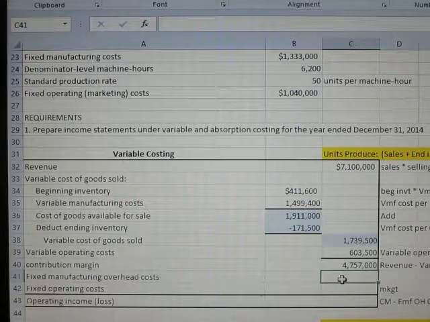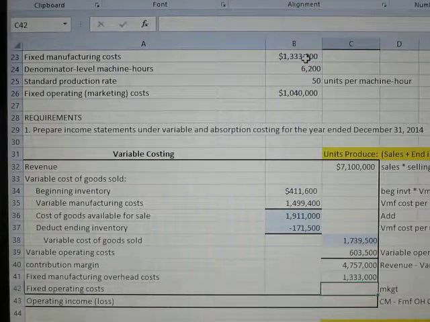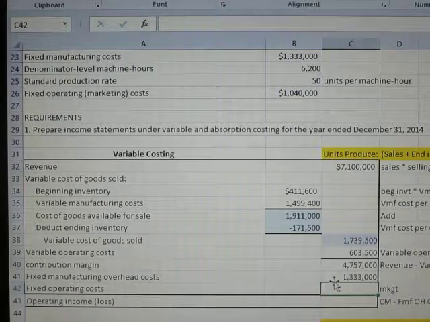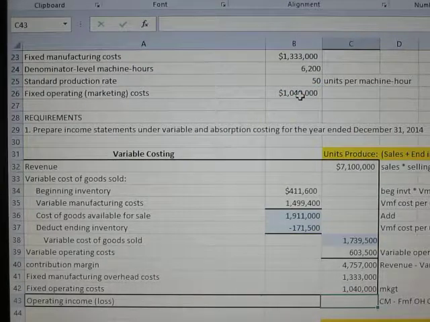Okay, and to get the fixed operating costs, it was given. It's this one I have on data. This one right here is the fixed manufacturing overhead costs, and the fixed operating costs also given for marketing.